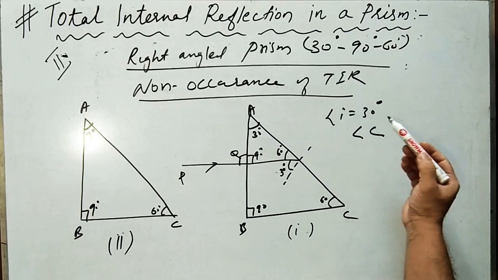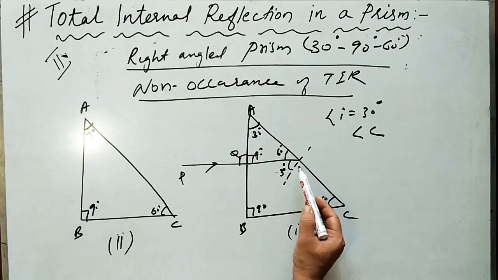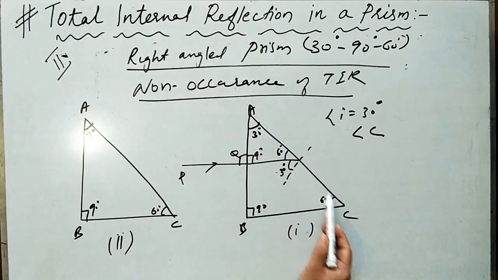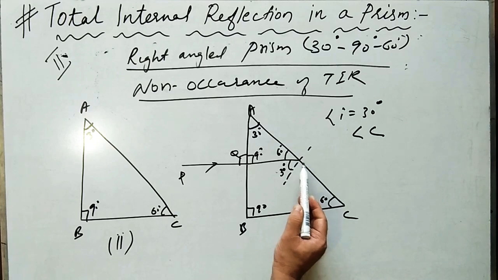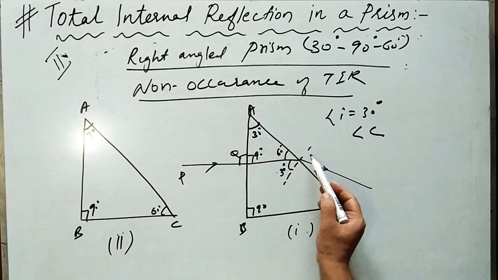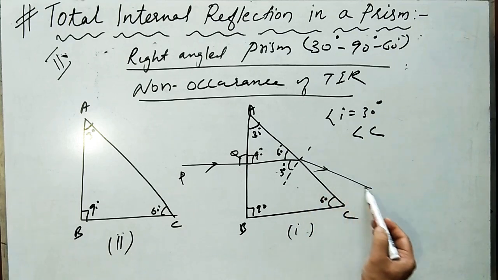When the angle of incidence is less than the critical angle, what will happen? It will not suffer any total internal reflection at the surface AC, and in place of TIR it will suffer refraction at the surface AC, and as it passes from denser medium to rarer medium, it will deviate away from the normal.